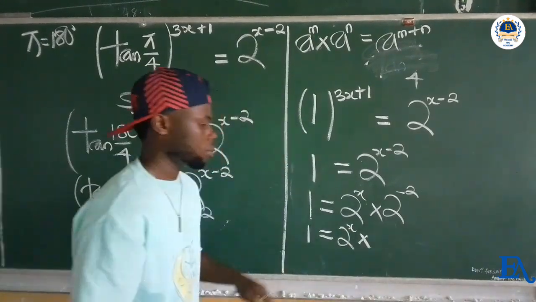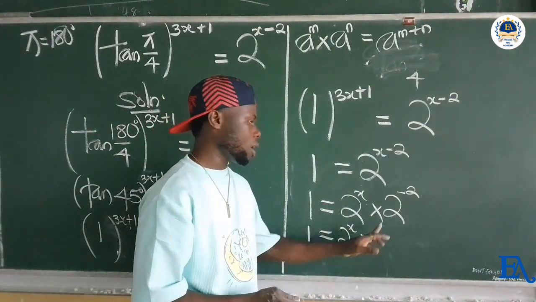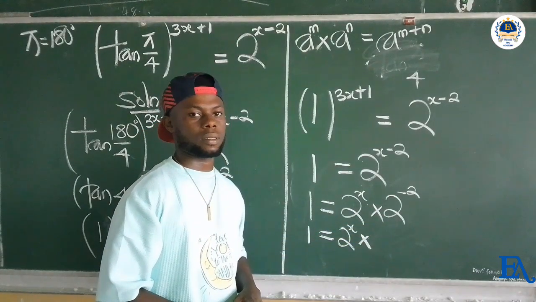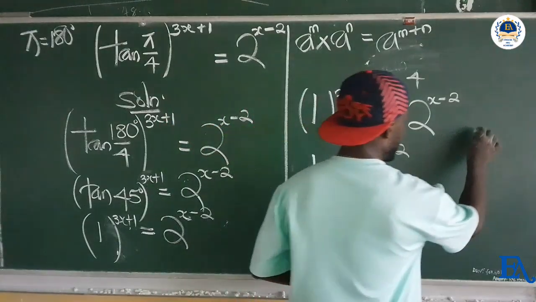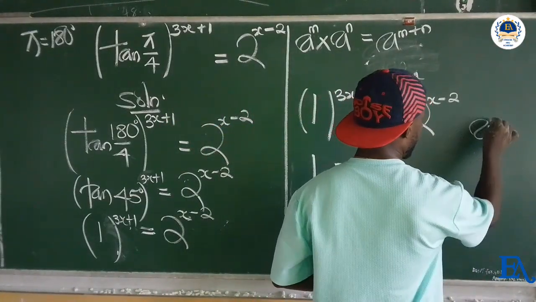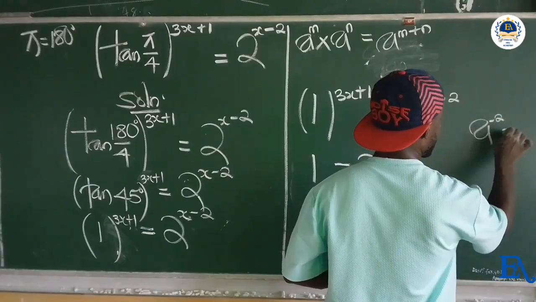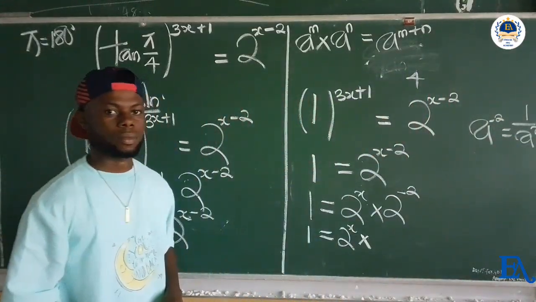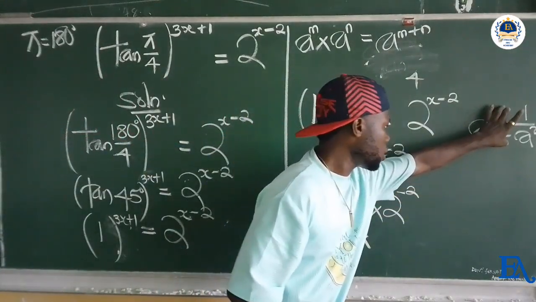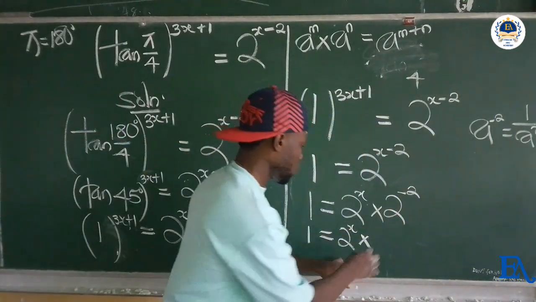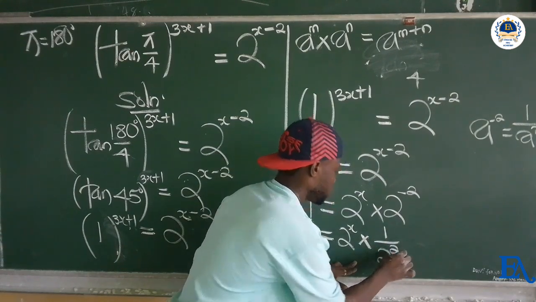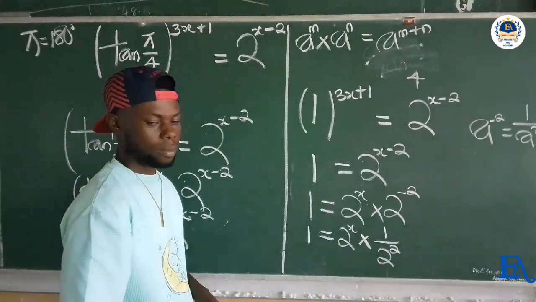At this point, we are going to apply the negative power law of indices, which states that a raised to the power of −2 is the same as 1 over a raised to the power of 2. Bringing this knowledge here, this will become 1 over 2 raised to the power of 2.